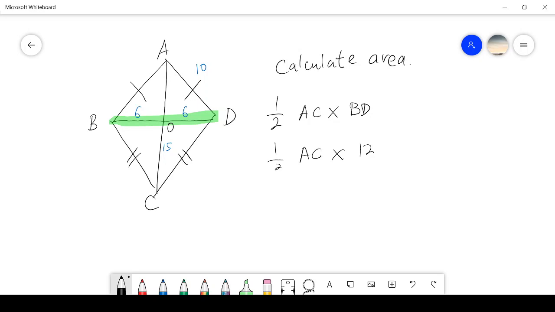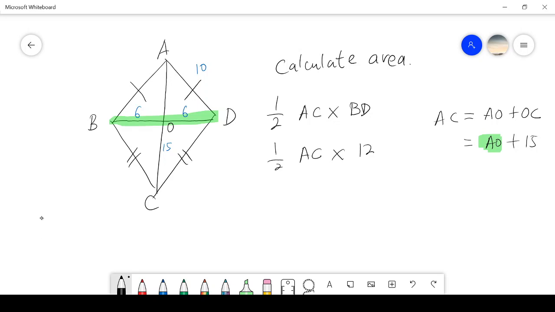Now we have to work out AC. We know that AC is equal to AO plus OC. And we know that OC is equal to 15. So all we need to work out is AO. And AO is quite simple to work out.